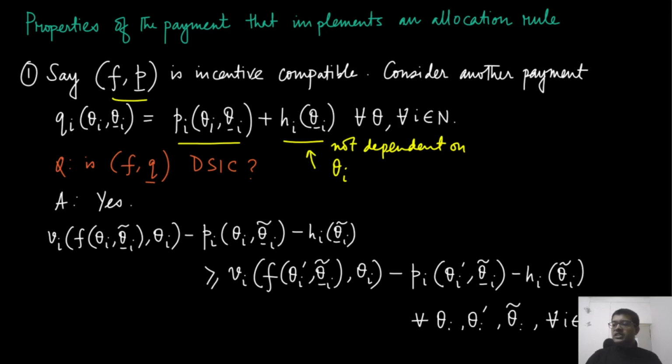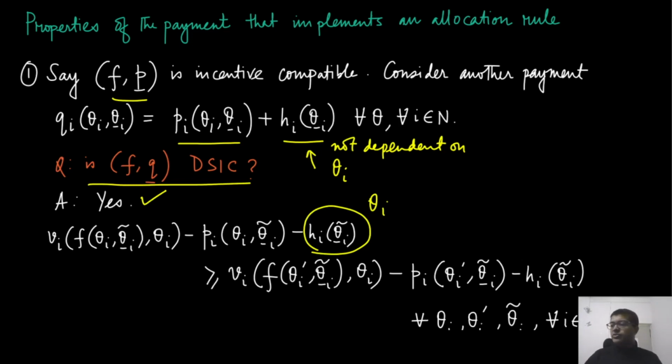Now the question is, what can we say about this mechanism? Is that mechanism dominant strategy incentive compatible? The answer is yes. And why is that? That is precisely because h_i does not depend on theta of I. So it does not really matter whether player I has reported it truthfully or untruthfully.